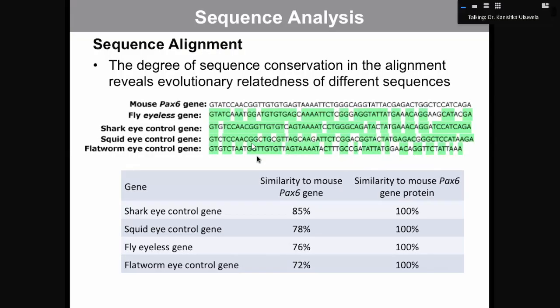Let's take this particular table, which compares alignments of gene sequences as well as the resulting protein sequences. These gene sequences have different names, but you can align them and compare their nucleotide differences. The shark eye control gene, squid eye control gene, fly eyeless gene, and flatworm eye control gene can all be aligned to the PAX6 gene in the mouse.